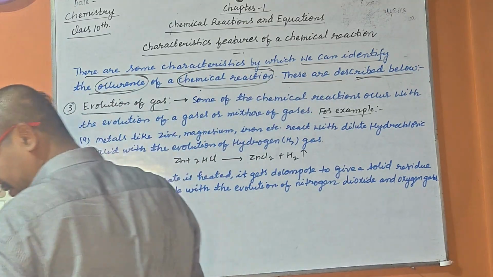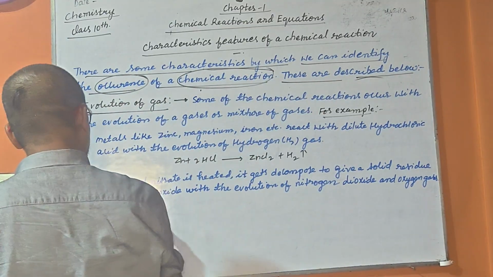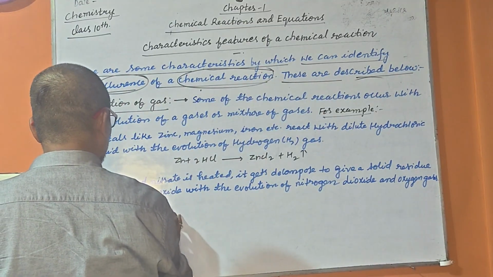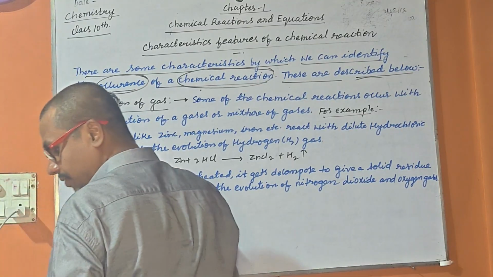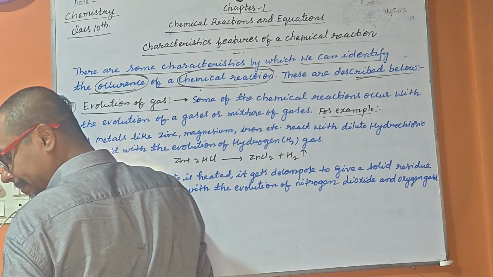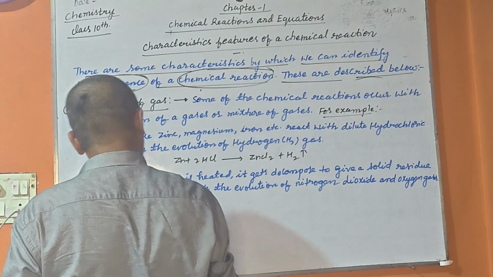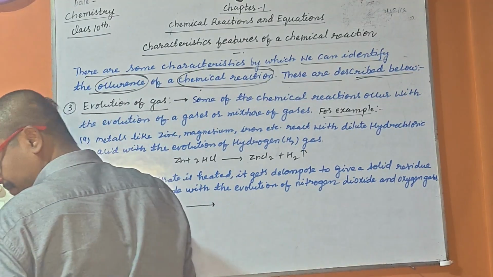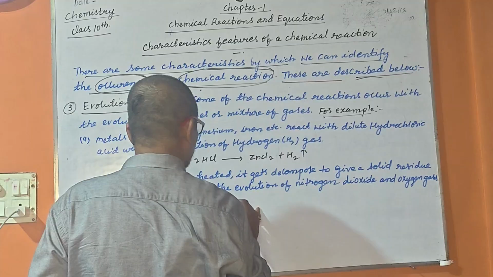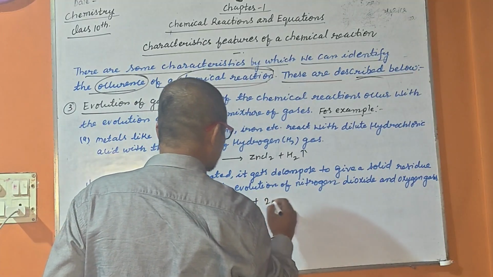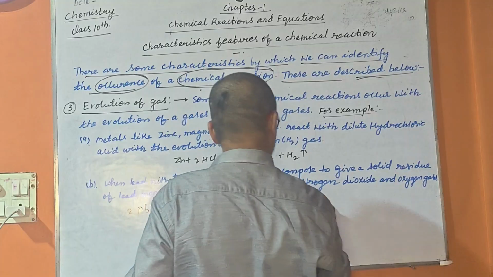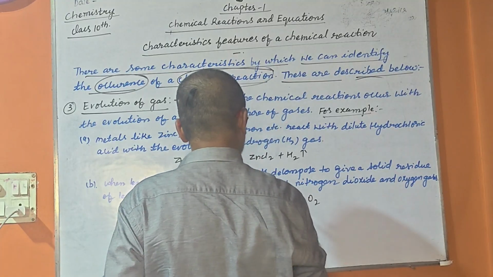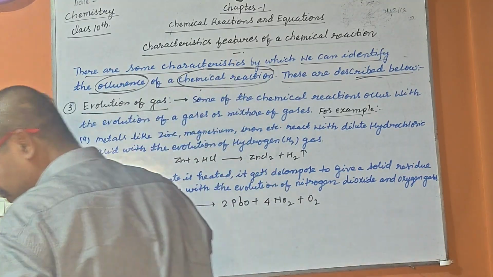Let us take the example: 2Pb(NO3)2, when heated, gives 2PbO plus 4NO2 plus O2 gas.